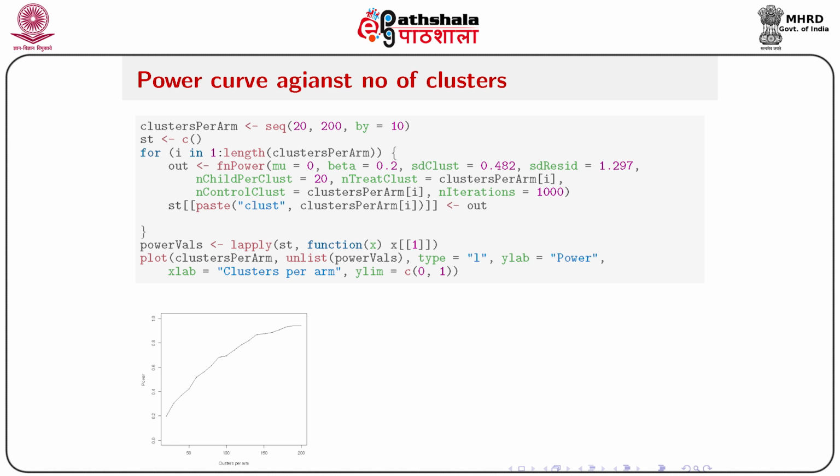It might take a long time depending on how small an interval you take, but the power looks like this. So this is one example and one case study for calculating the power of a study by simulation methods.